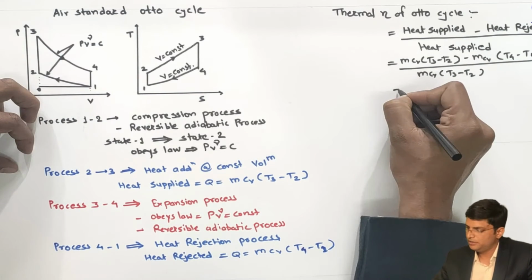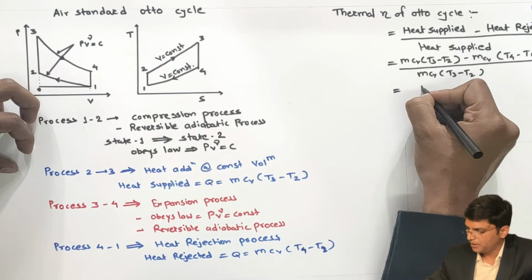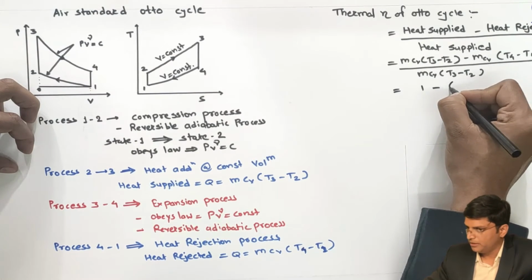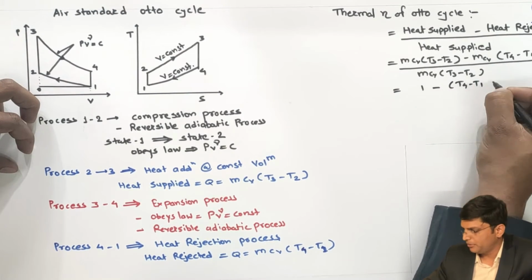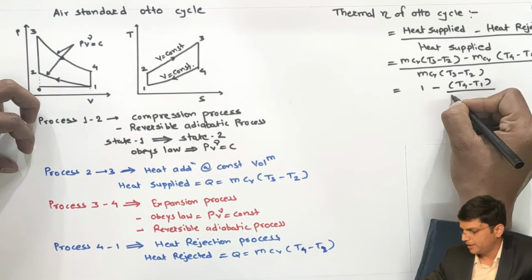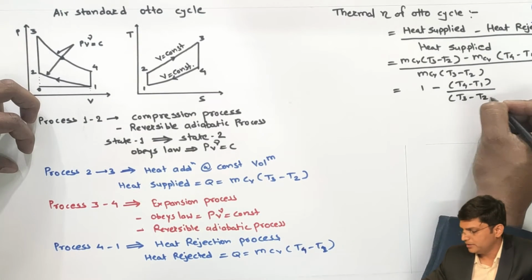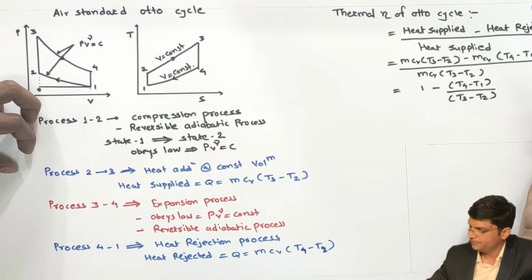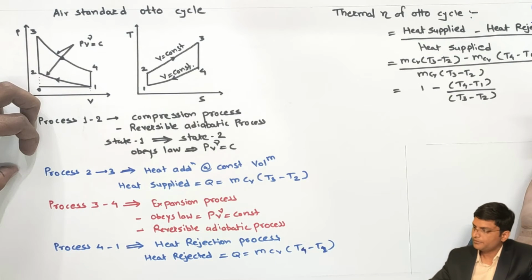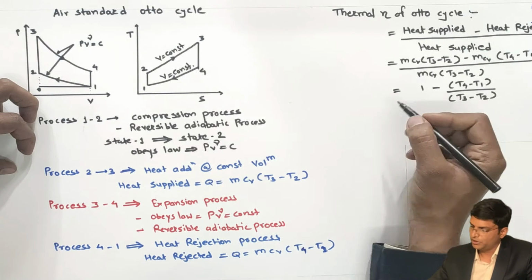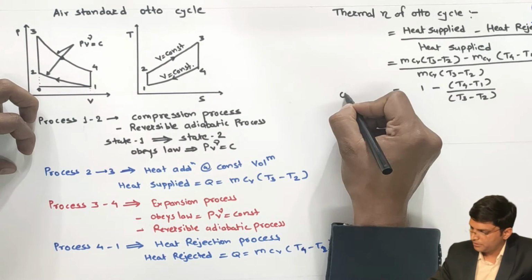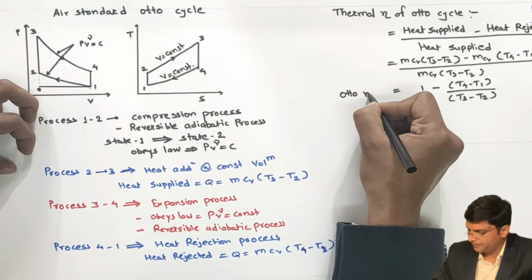Now cancelling out these terms, the equation becomes 1 minus (T4 minus T1) divided by (T3 minus T2). So this is the formula for thermal efficiency of the Otto cycle.